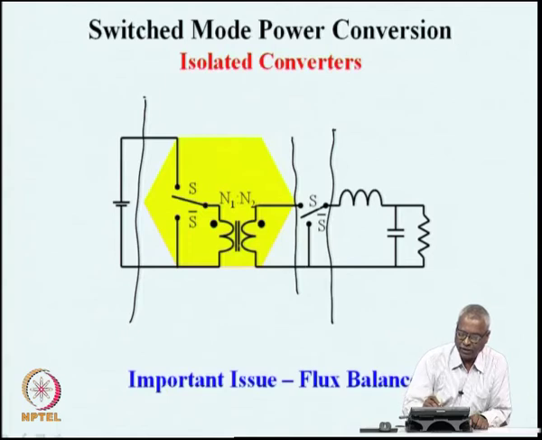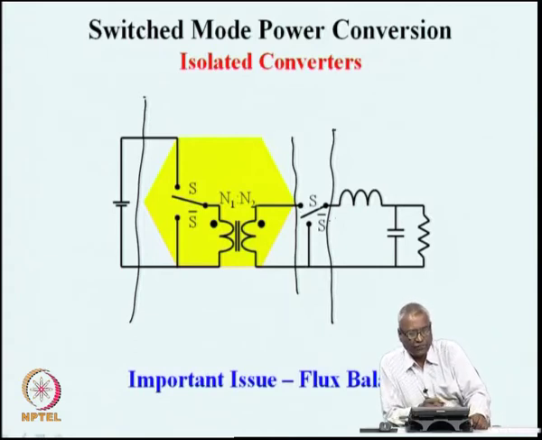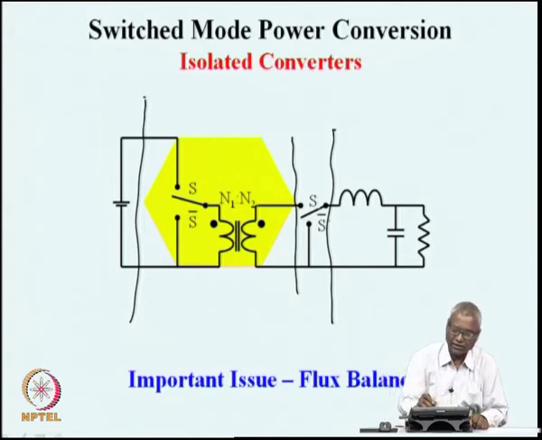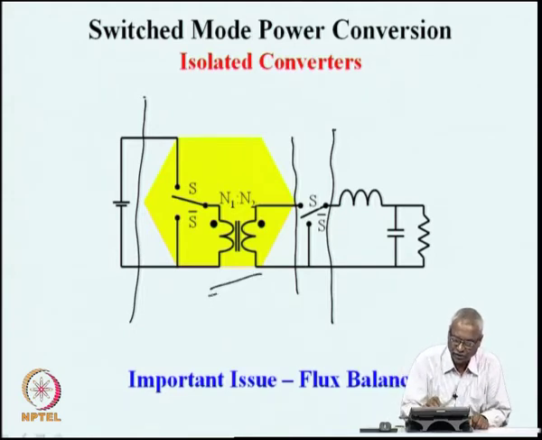What has now been added is another switch SPDT, which is identical to S and S bar. It switches with the same on off relationship as this S and S bar, but in between these two switches we have introduced an electromagnetic isolation.